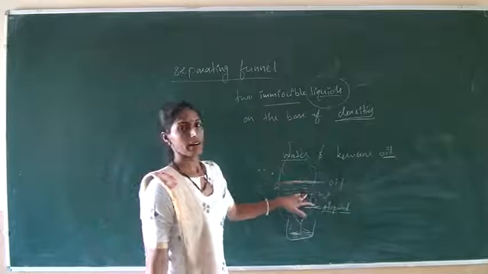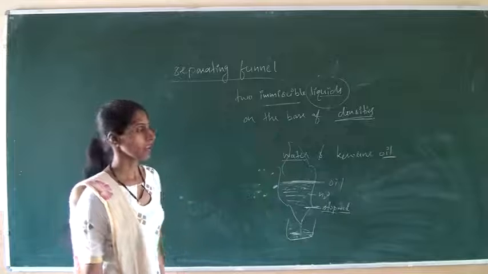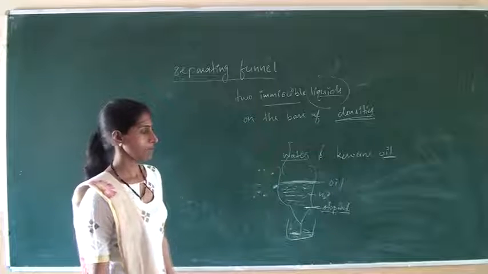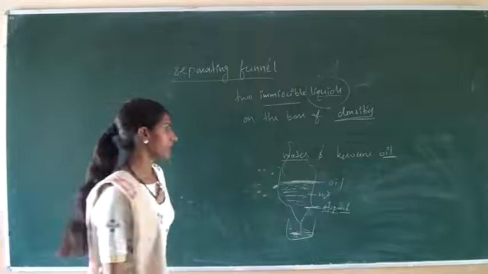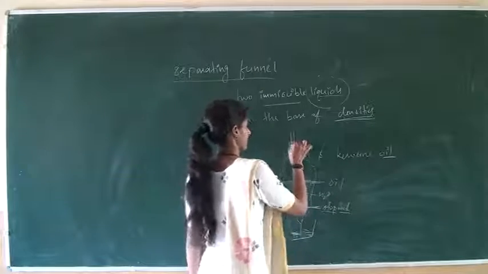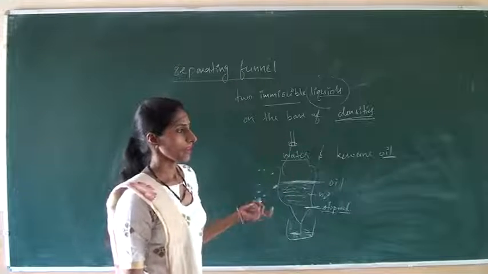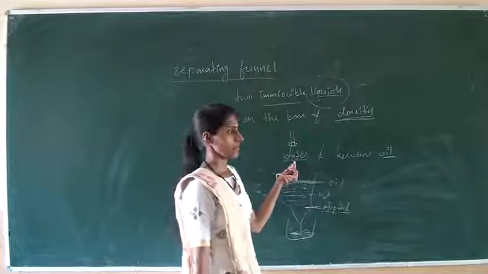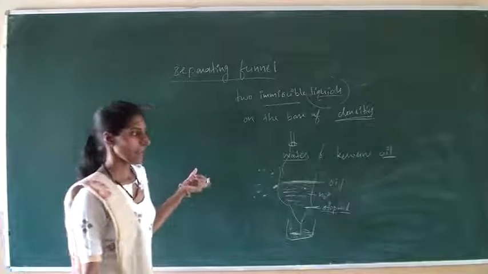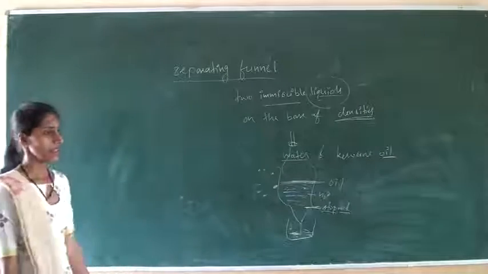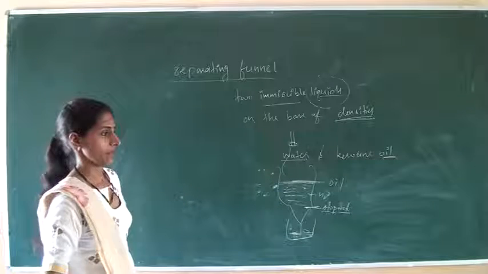Okay, this is the separating funnel method. In this method, we also separate other types of oil which are not miscible with water. These are some other techniques of separating other types of mixtures.